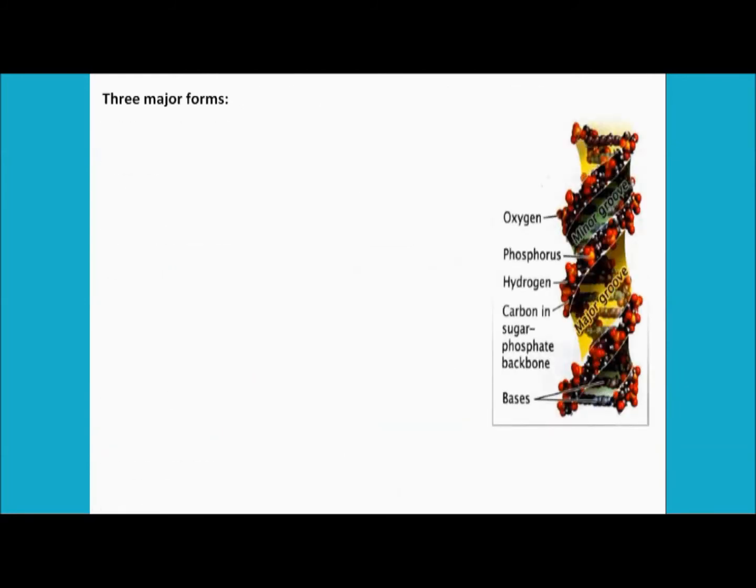Now you see here, 3 major forms of DNA are available. What are they? They are the B, A, and Z forms of DNA. These are the 3 forms in which DNA exists. The first form is the B form. It is the most common form.